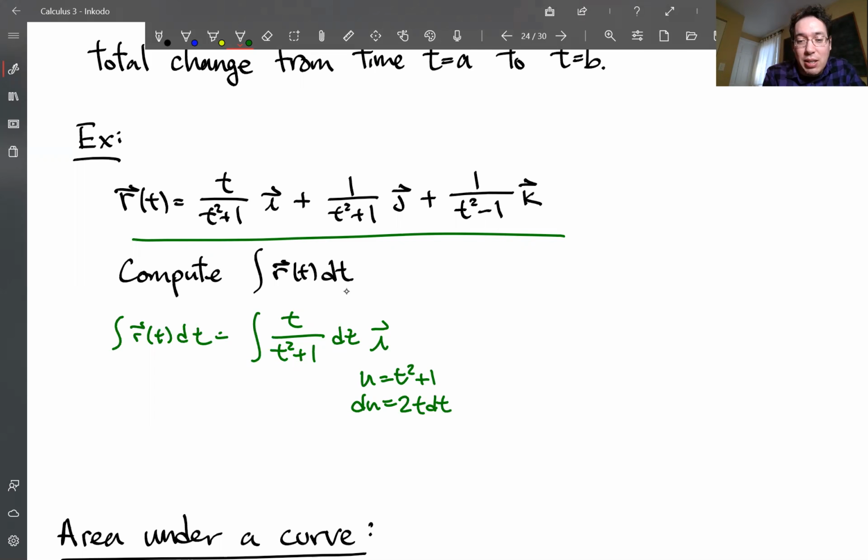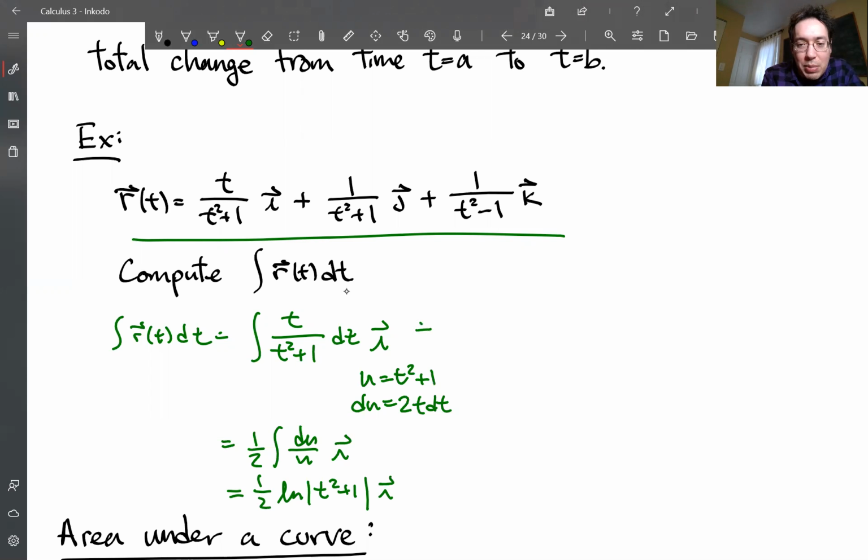So we could just turn this 2 into 1/2. And then the integral becomes 1/2 times the integral of 1 over u du. And the antiderivative of 1 over u is going to be natural log of u, but u is t squared plus 1. So that's the i-th component.